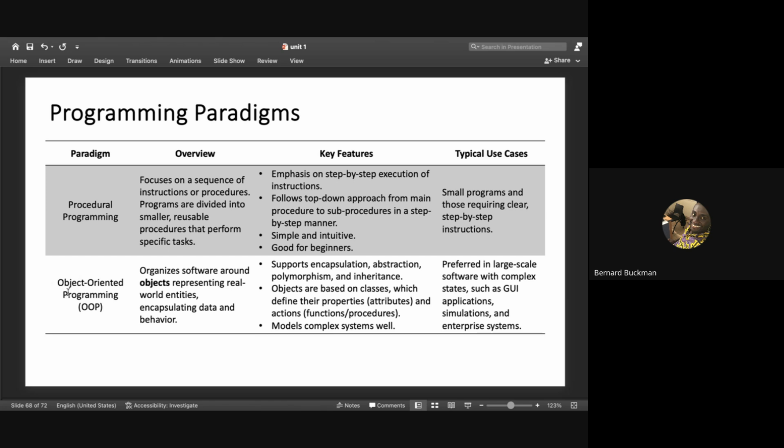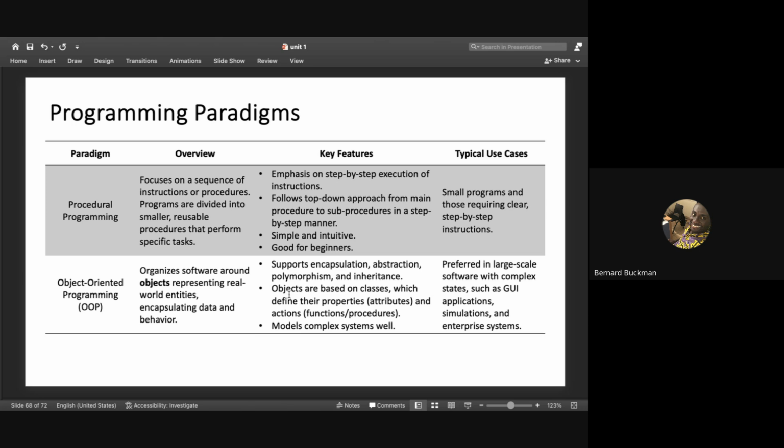Then when we have large programs, which we can only solve by dividing the solution space into what we call objects, we go in for something called object-oriented programming. Here, we can use features like encapsulation, abstraction, polymorphism and inheritance.